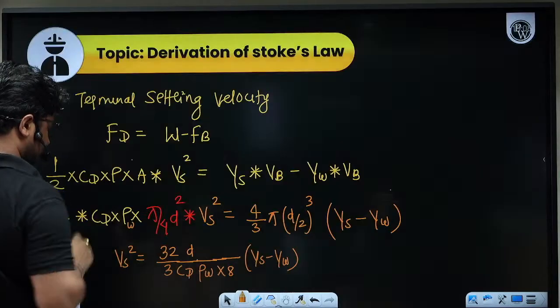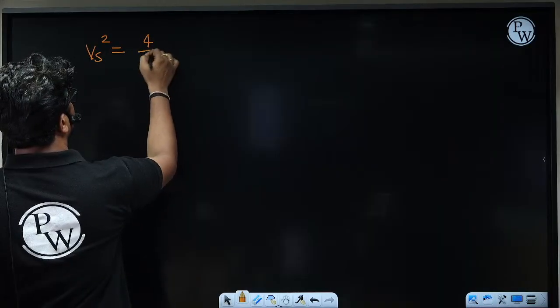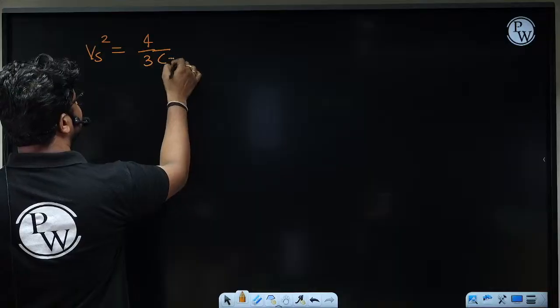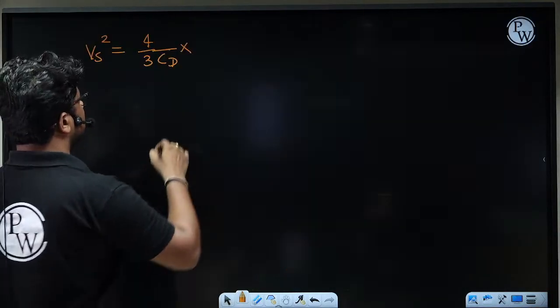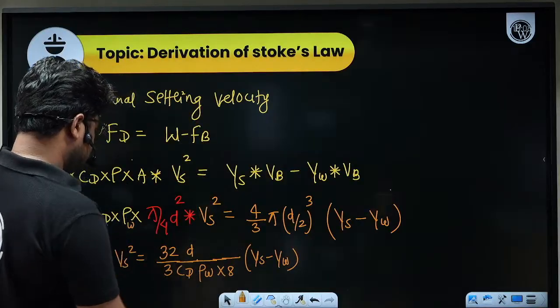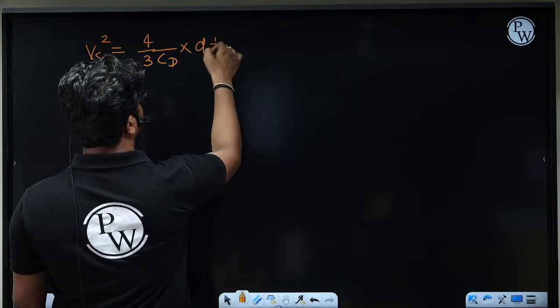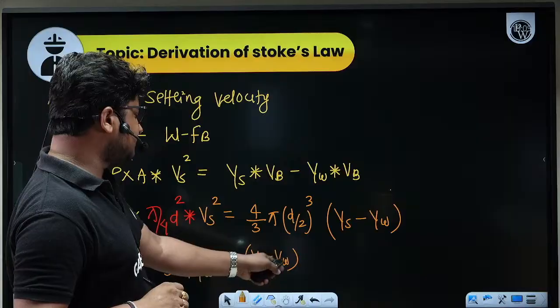Vs square. It will be 4 by 3 CD into D into this gamma s minus gamma w.